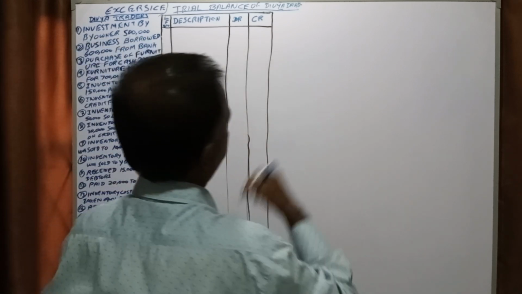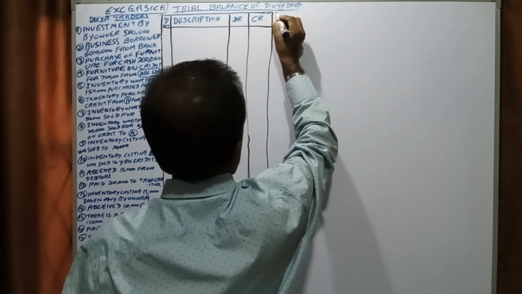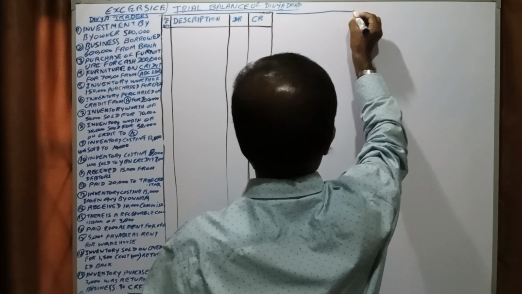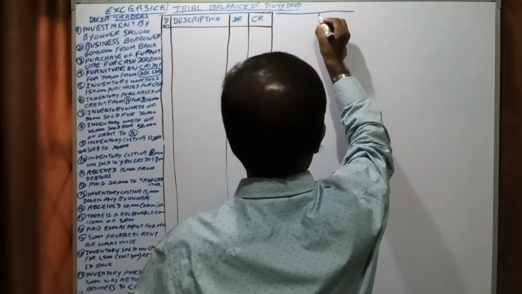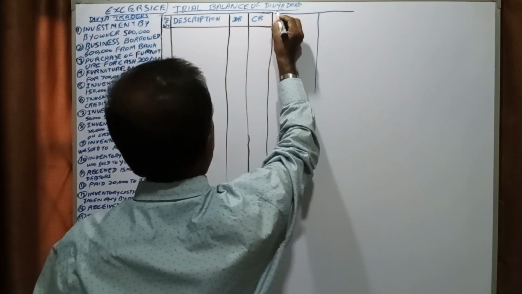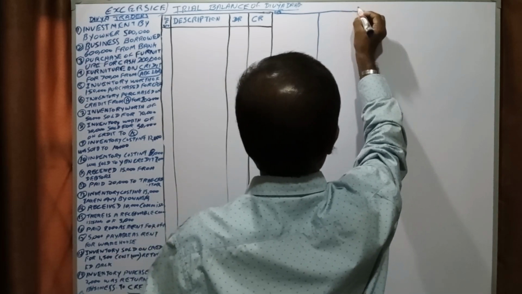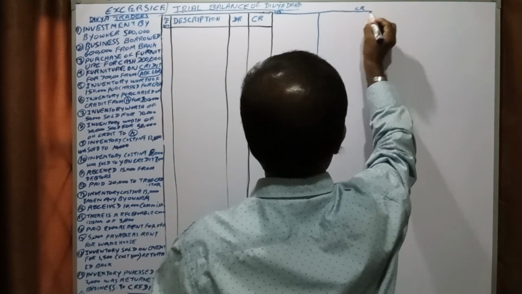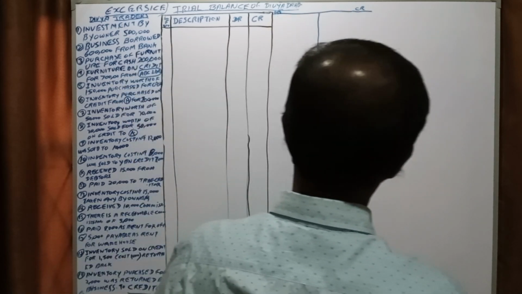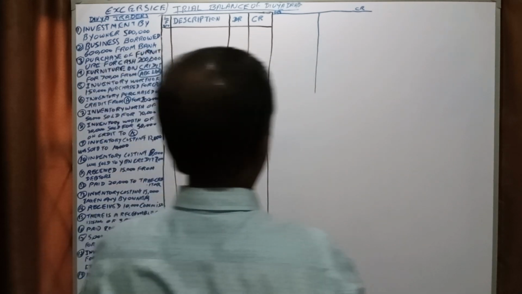Open a T account for that. First of all, we have to open a T account for the cash account. Cash. Here it is the debit side and here is the credit side.